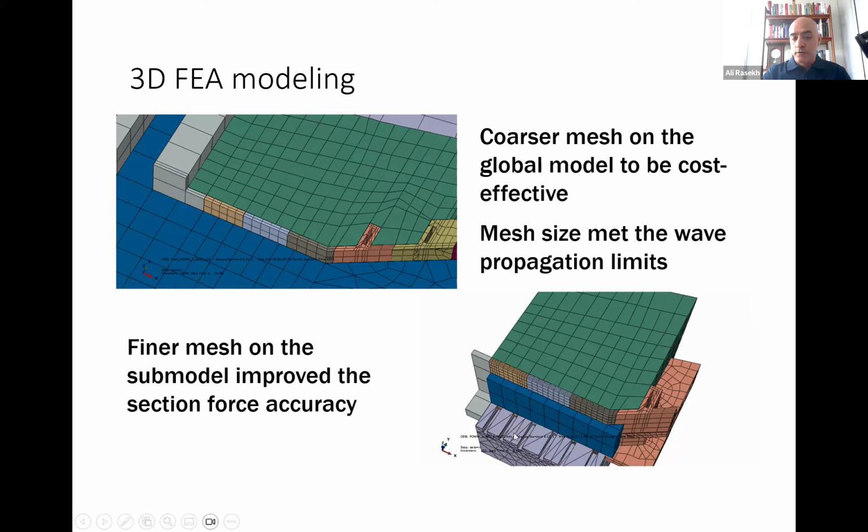The ones that are far away and irrelevant have a poor mesh, but the one that we were designing has a finer mesh. So we were using a 2-step analysis because there was no easily accessible cloud computing at that time.